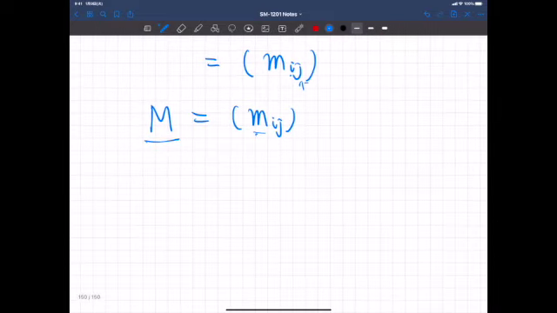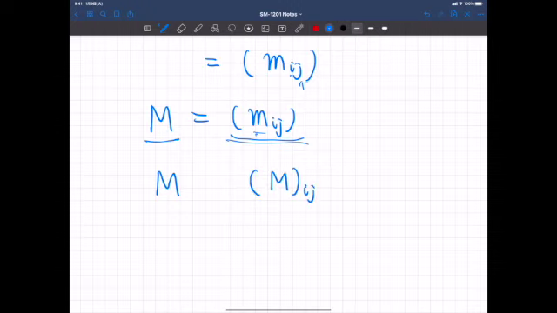And also, if we say this is a matrix M without specifying elements, then M parentheses ij represents its element at the ith row and the jth column.